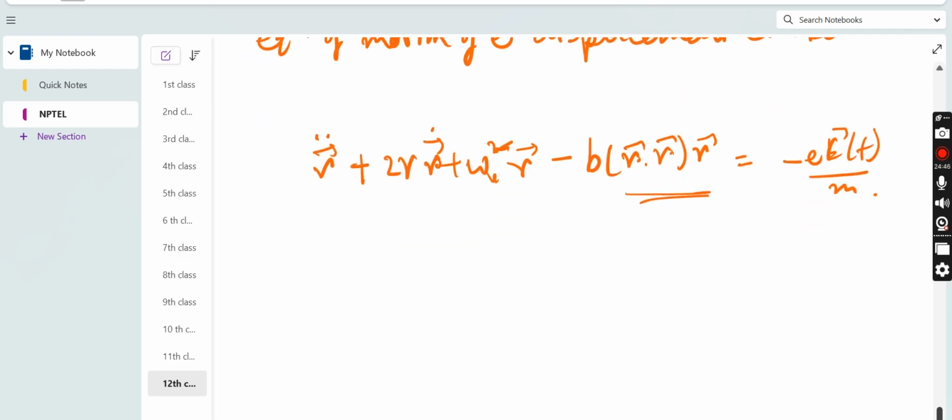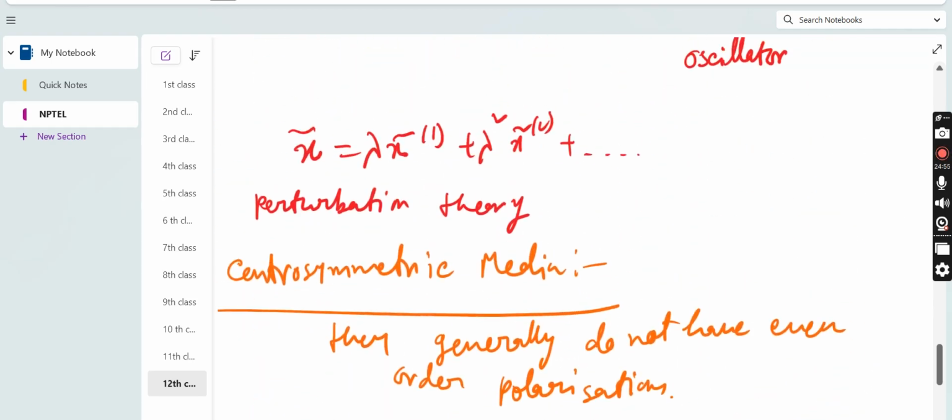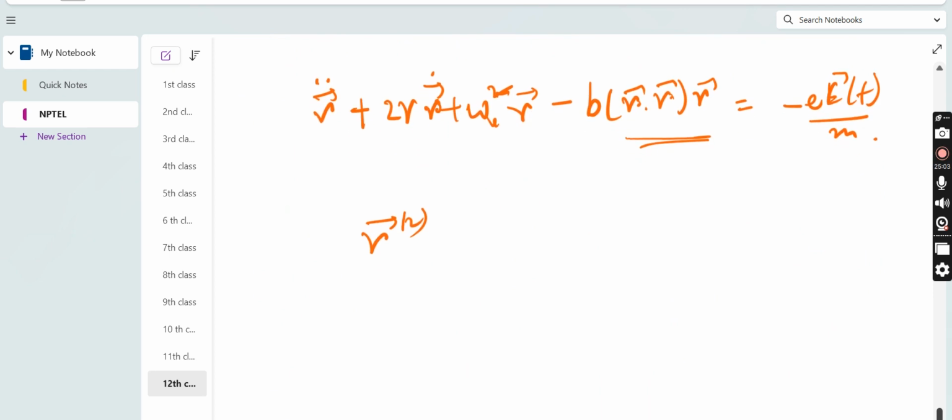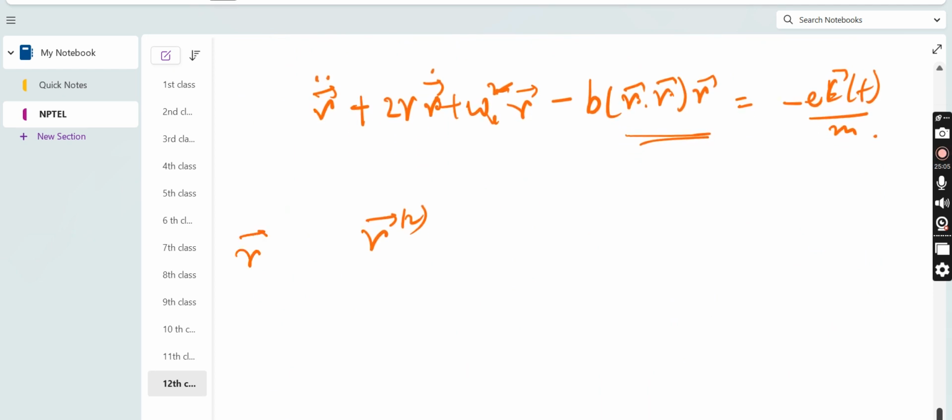So when we solve this equation, we will see that R2. Remember here we have written x as a combination of x1, x2, then x3. So here we are following the notation of R. So R, let me write this.